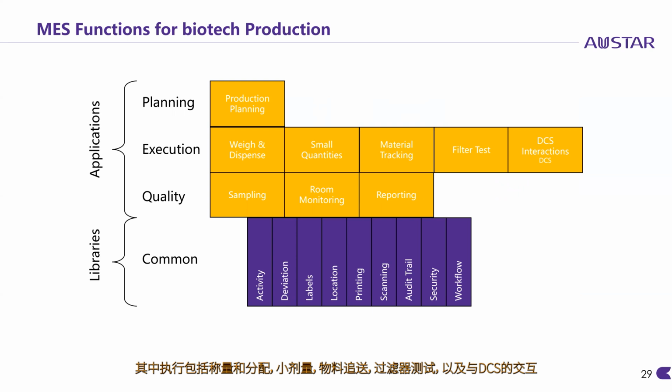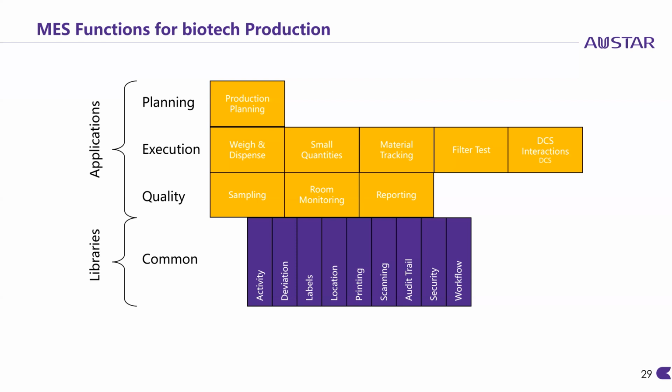Then we have small quantities management, material tracking. It will know the way a material went until it was consumed, filter testing, and especially one special thing is DCS interaction, because MES and DCS will have to work together.